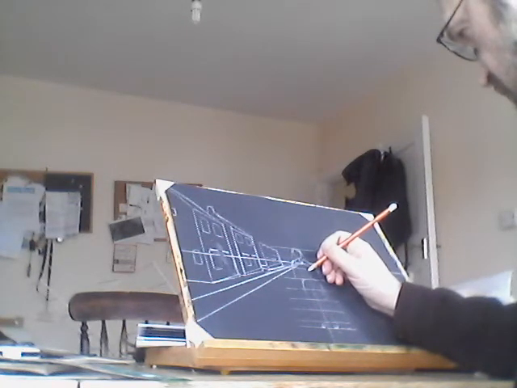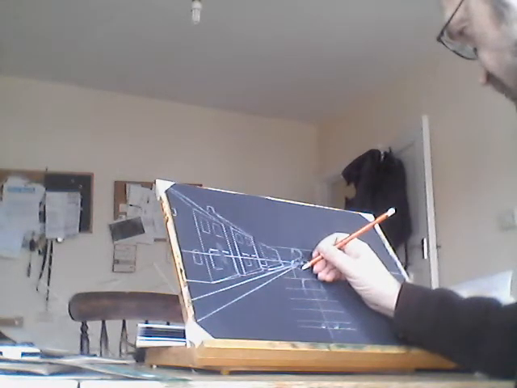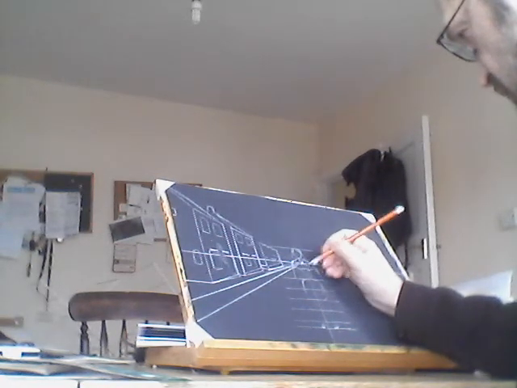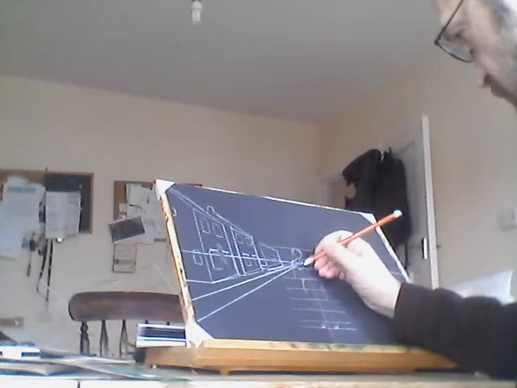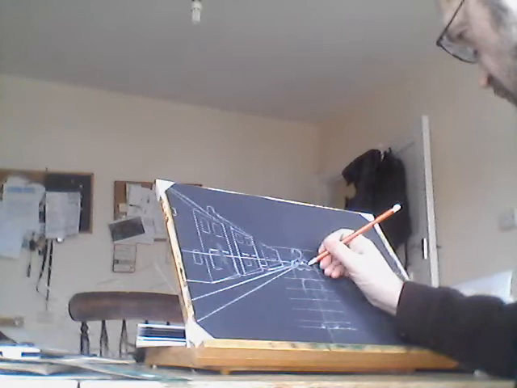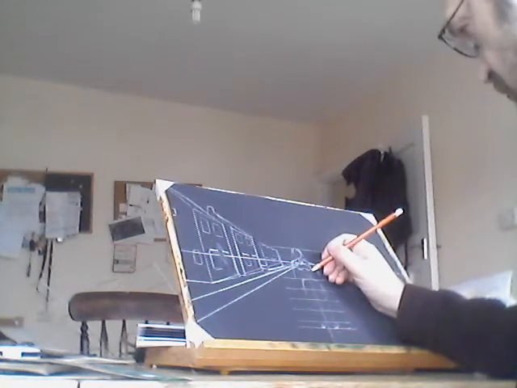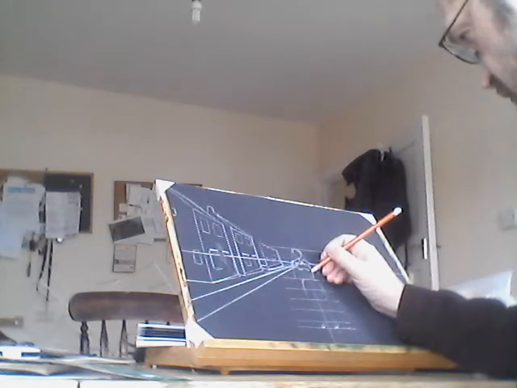So the curve of the underside of the breast will be here. The ribs will come down to there.